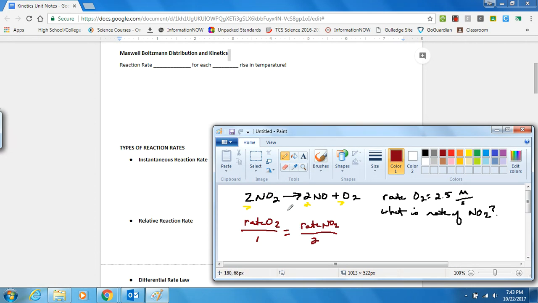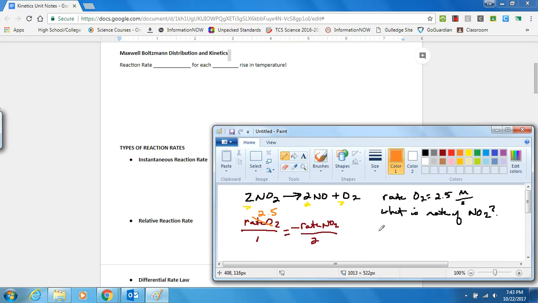Now, there's one thing that I'm missing. You see how this is a reactant, so that's a negative rate of NO2 that's there. So all I have to do is take this rate of O2 and say that that's 2.5. And then I just work with the math. 2.5 times 2 is equal to 5. 5 is equal to the negative rate of NO2.